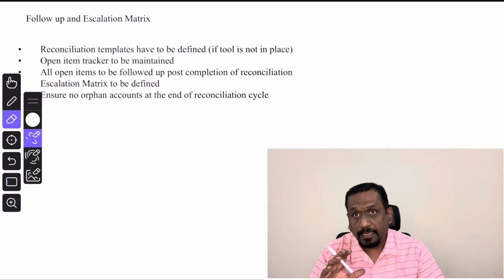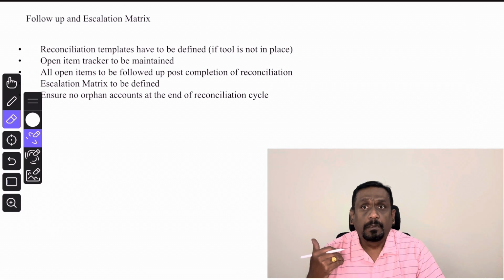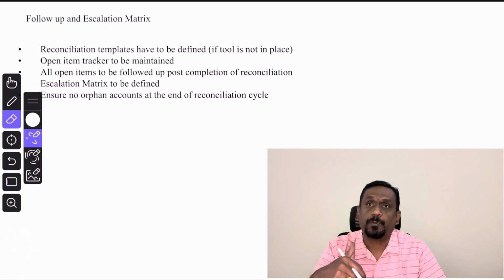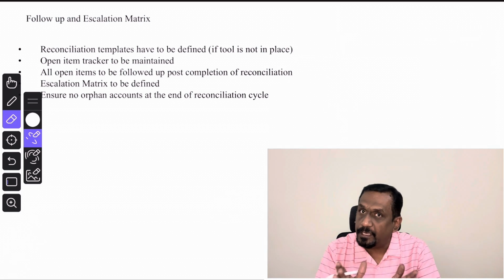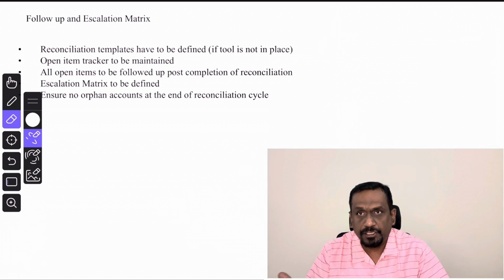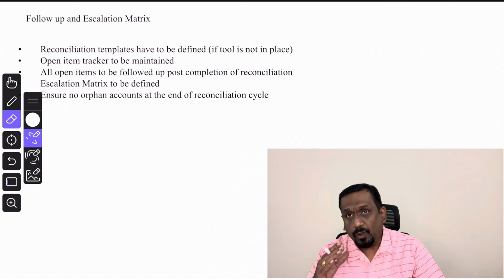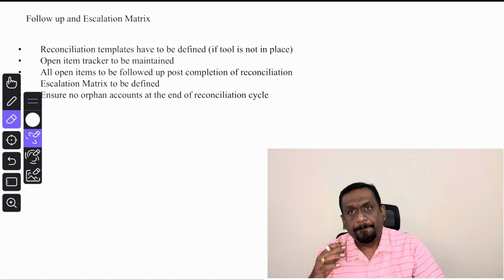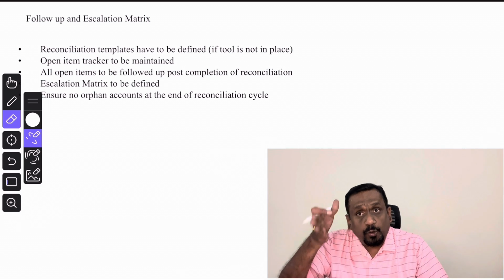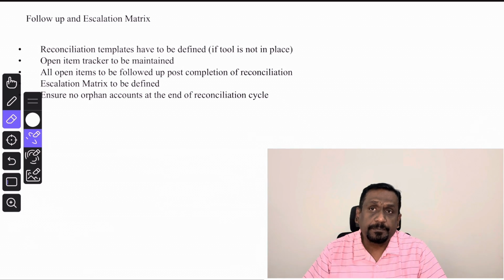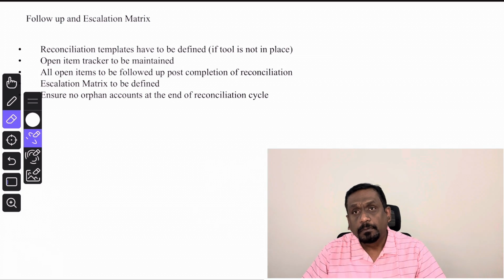This open item tracker, why do we need to maintain it? Because to discuss with the counterparts, to discuss with your management, and get the corresponding entries as early as possible to clear them from the system. That is the intention behind it, right? So when you prepare the open item tracker, you need to update when you did the first follow-up with your counterpart for getting the corresponding entry.